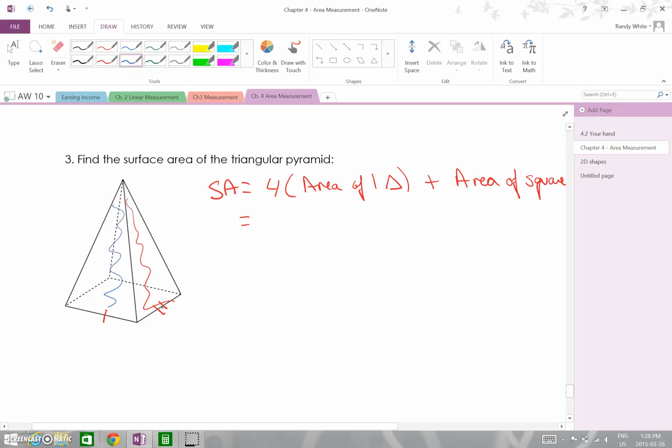So what I would have to do is find the area of the blue triangle, times it by 2 because the one across from it will be the same. Find the area of the red triangle here. Oops, it's supposed to be red. Multiply it by 2, and then find the area of the base, length times width, and add those three sums together.